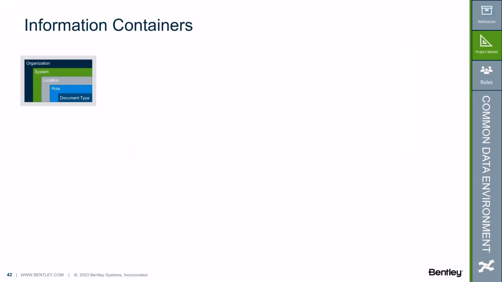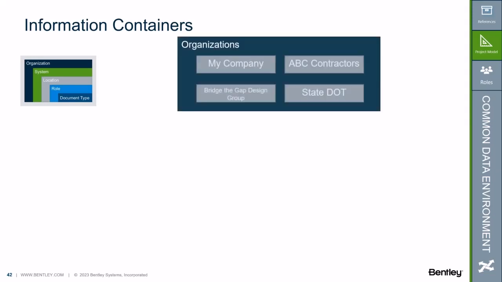Now, when it comes to the other parts of the container, like the organization, systems, and locations, for an infrastructure project, a horizontal type project, those typically need to be defined for the project itself.